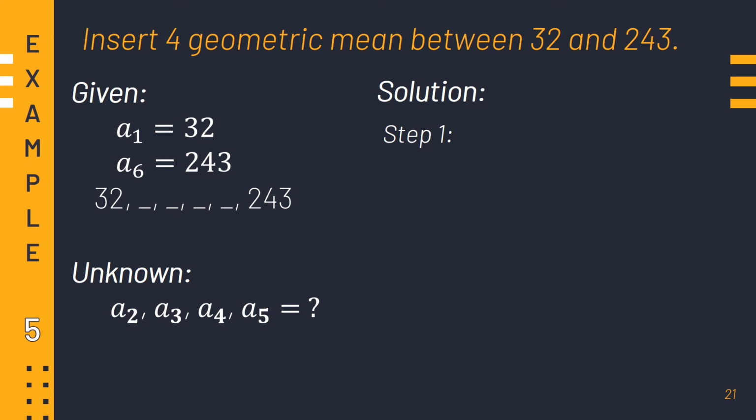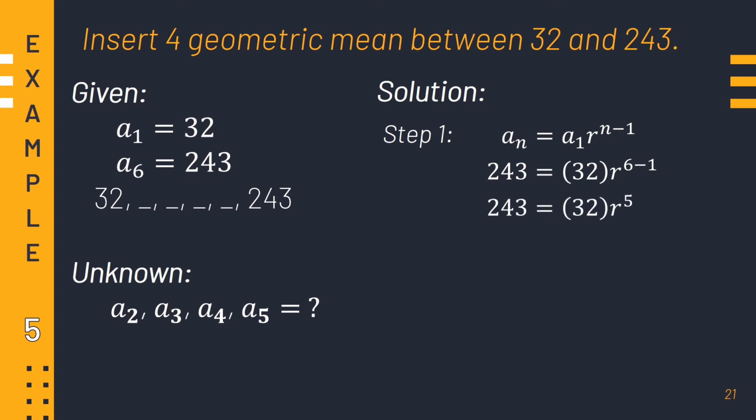The formula that we will be using is the general term of the geometric sequence, a sub n is equal to a sub 1 times r raised to n minus 1. Substituting the given, we have 243 is equal to 32 times r raised to 6 minus 1, which can be simplified further as 243 is equal to 32 times r raised to 5.